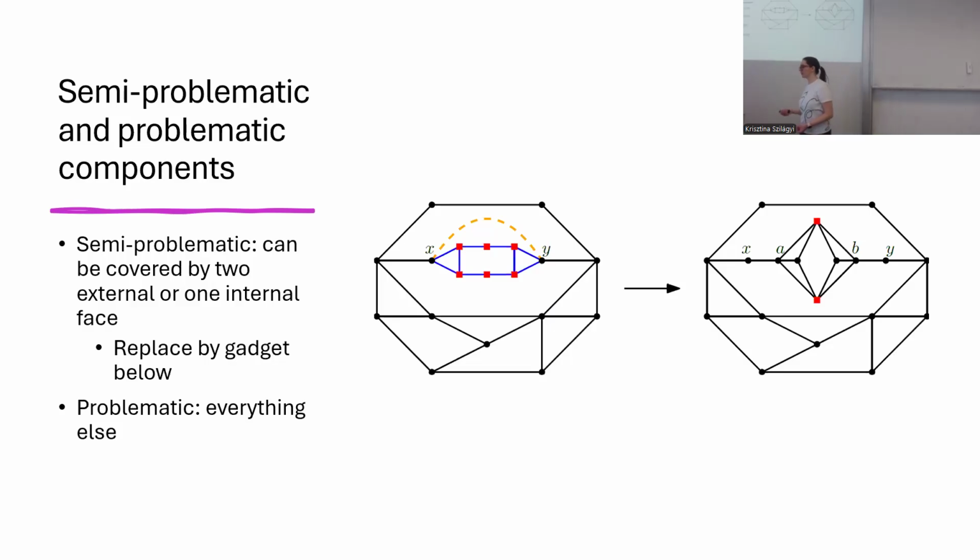So we want to replace it by something that has exactly the same properties, because we don't want to decide immediately whether we use this private face for this blue graph, or maybe these two external faces. So what we do is we replace it by a gadget like this, that again has the same property, namely the two terminals can be either covered by this internal face or by these two external faces. And finally, we have the problematic components, which are basically everything else, and we will deal with them just by induction.